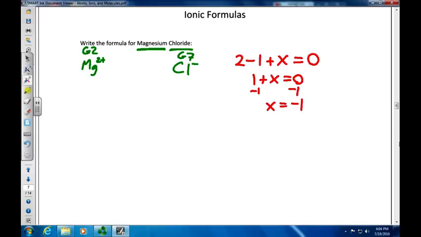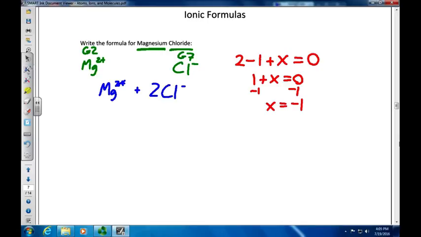Well, we can note that chlorine has a -1 charge. So our new formula will actually have 2 chlorines per every magnesium. So when we write the formula out, we see that we have 1 magnesium with a 2+ plus 2 chlorines with a minus.